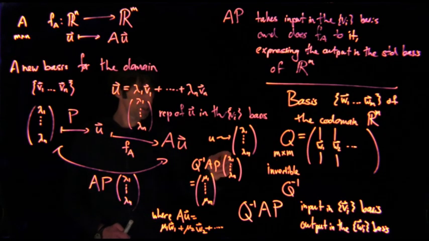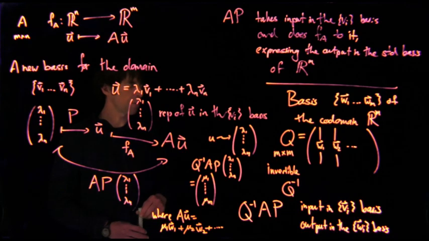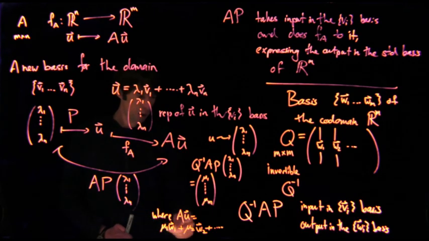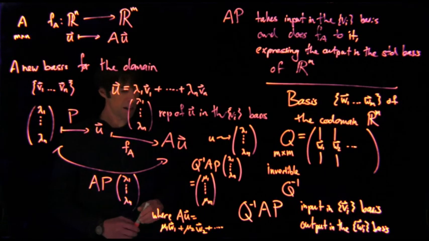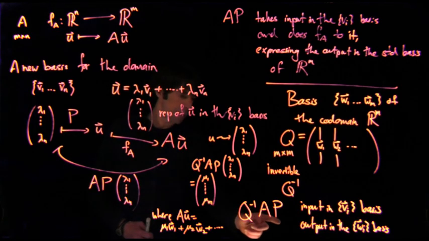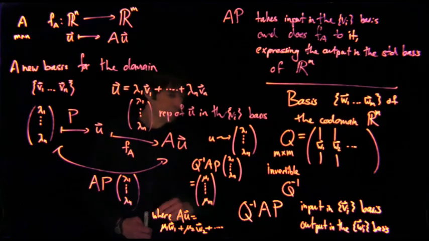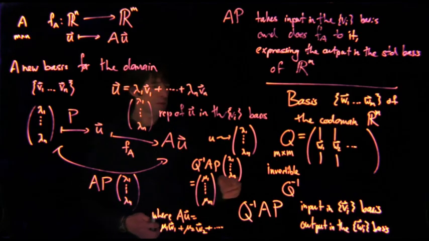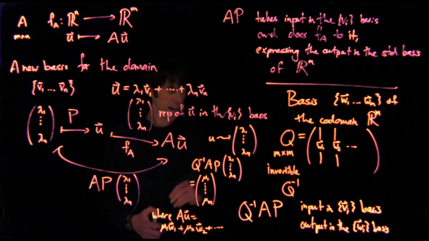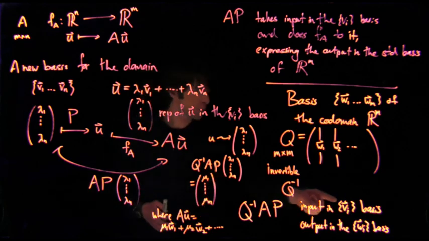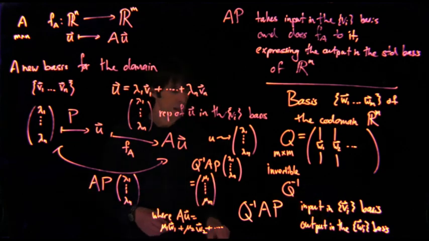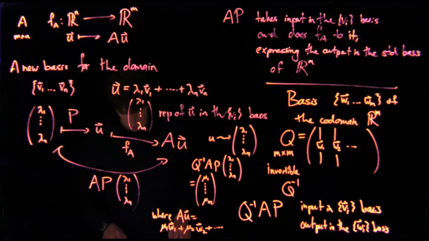I'm giving the input in terms of its coefficients of the v basis vectors, and the output is the list of coefficients, the mu's, which I think of as being the coefficients of the w basis representation of the output. So this product of these three matrices gives me the linear transformation for A, except represented with respect to these two bases.